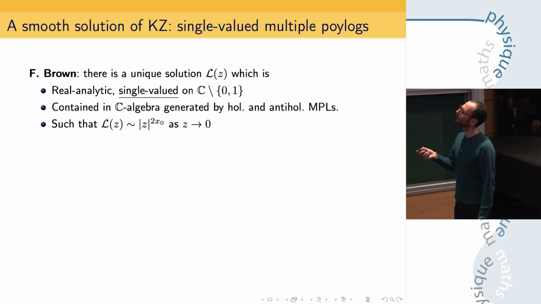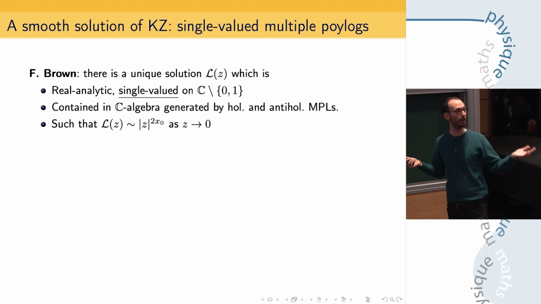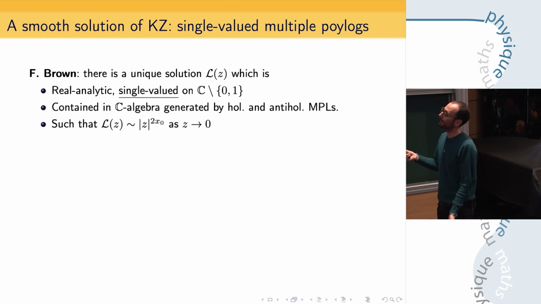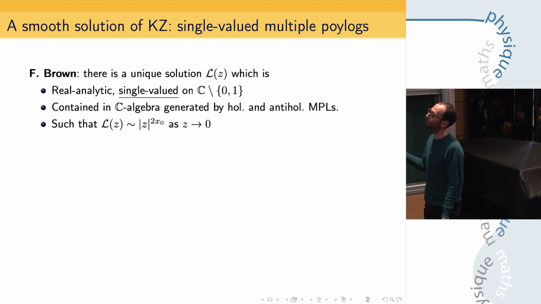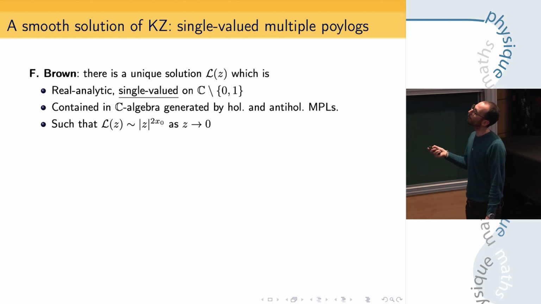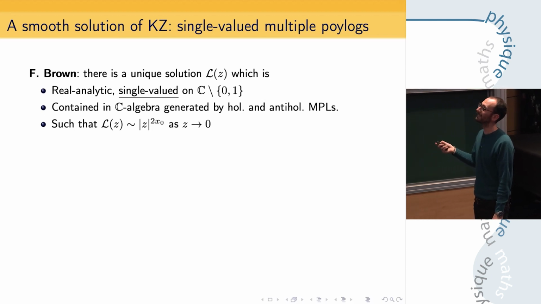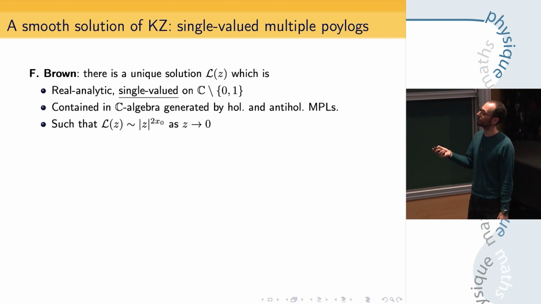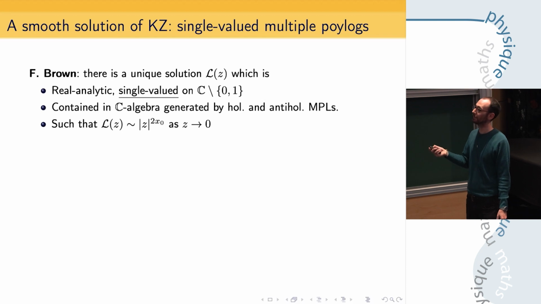Okay, so now let's imagine we want to look for a different kind of solution, because we were kind of constraining our solution. We were looking for something holomorphic and with a certain behavior. Now, Francis Brown looked at the problem of finding a solution which is now single valued on the whole C minus 0, 1. Then to get that, you have to give up holomorphicity. You cannot do anything else. So he just requires the functions to be real analytic.